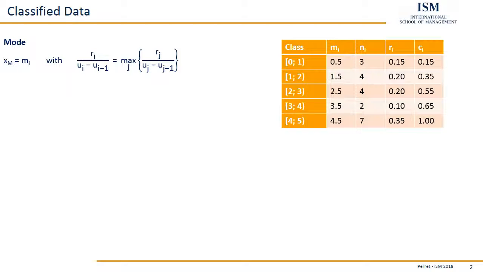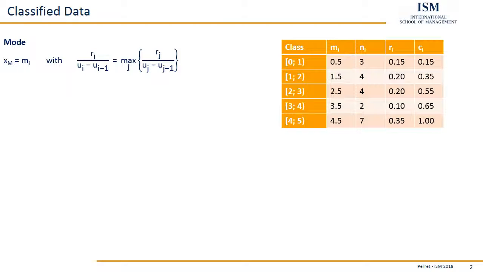This division is mostly important if we have differently sized classes. This, for example, is the case when we work with different age groups or income groups. Not necessarily are they all of the same size.